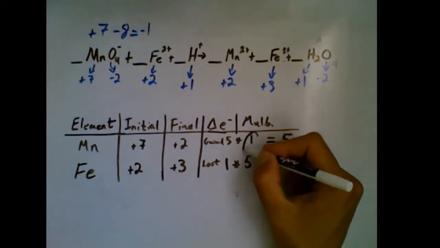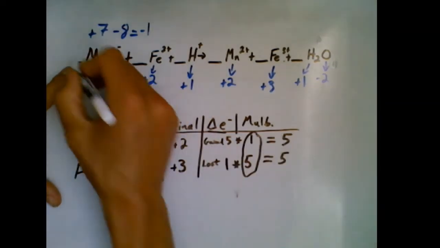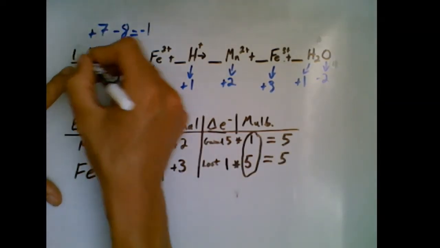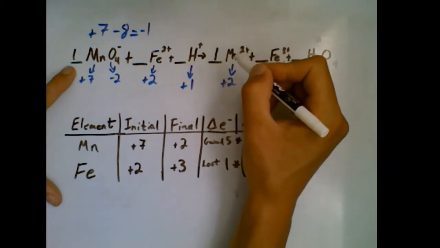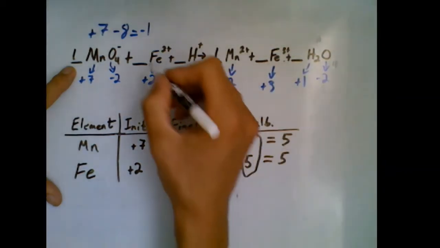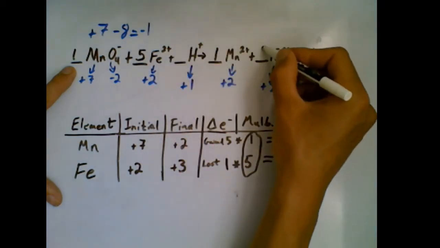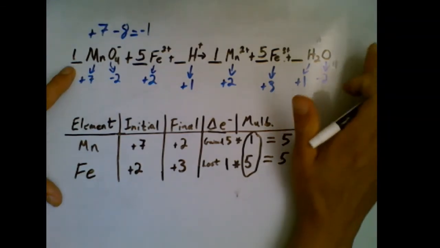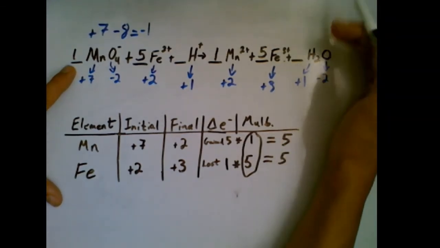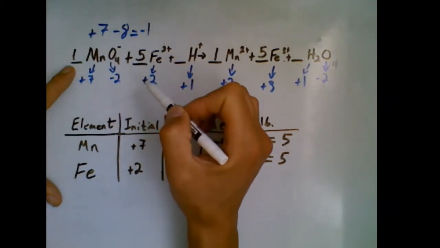This is the important part because this gives us our coefficients. So the manganese, we're going to put 1s in front of the manganese. The iron is going to get a 5 in front. And now you may think, okay, we're good, but we're not good. That's because the H's and the O's are not balanced.